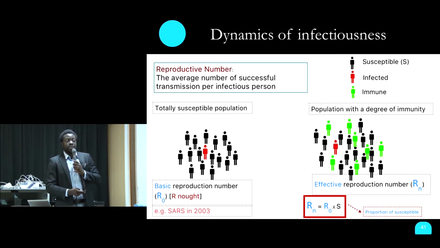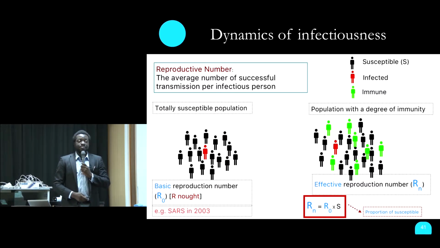In that case, we don't talk about the basic reproduction number, but the effective reproduction number. The effective reproduction number is just the basic reproduction number multiplied by the proportion of those who are susceptible.